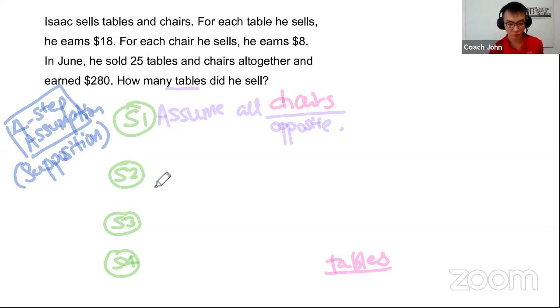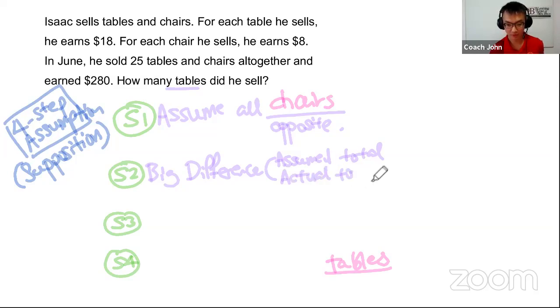Step 2 will be what we call the big difference. The big difference is the difference between your assumed total, or your fake total, versus your actual total.